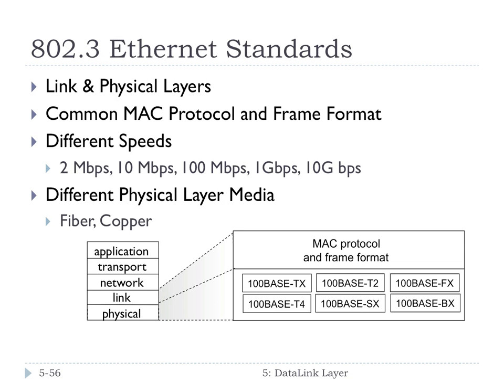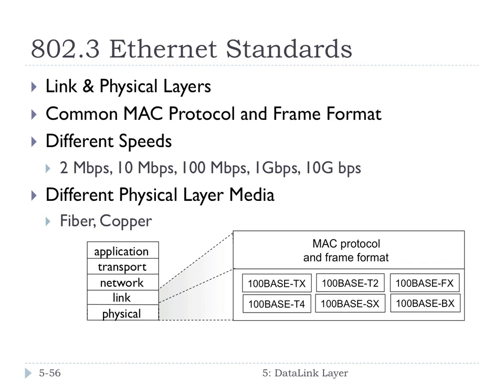There are several Ethernet standards defined in this 802.3 standard. It defines link and physical layers. They have a common MAC protocol, which we have already seen, and common frame format that we've seen, but some differences at the physical layer in that the Ethernet standard can work over fiber or over copper.